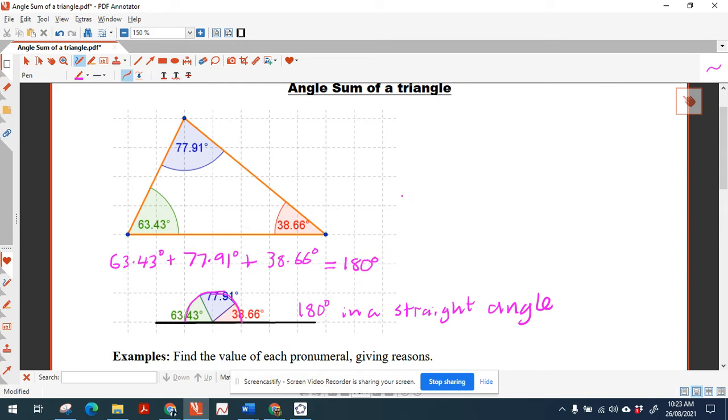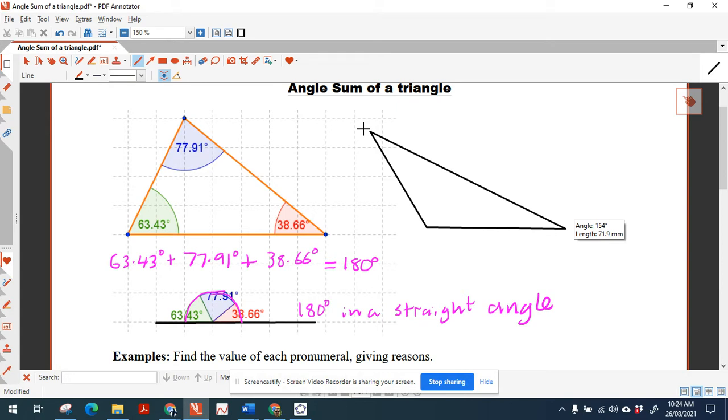Okay, so if I just drew some random triangle, we can summarize this now. So let's just draw some sort of random triangle like this. This will be an obtuse angle triangle, so just any triangle. Now, if I take the three angles of that triangle, let's label them.